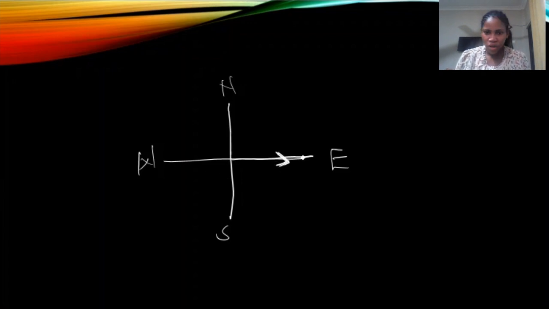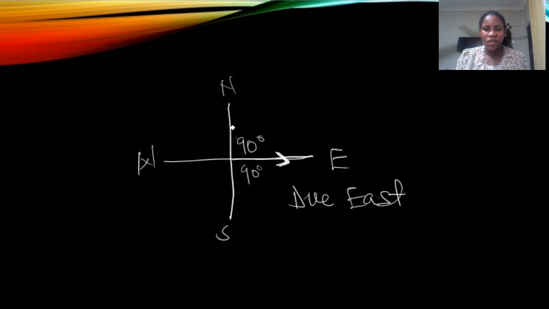It's just moving to the east, and let's say it was 90 degrees. It's all 90 degrees. So we just say due east. It's going due east.